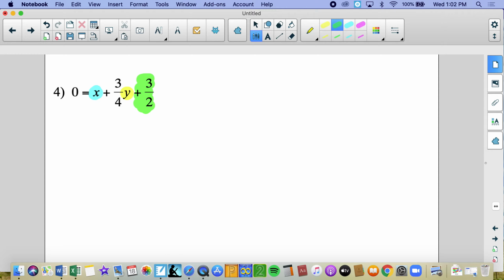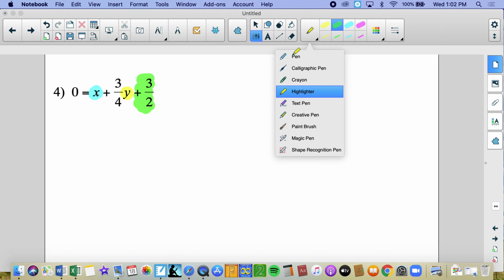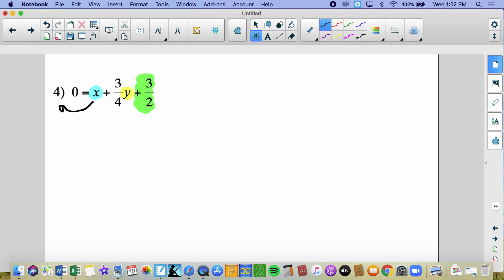Instead of moving the x over and moving the 3/2 over, why don't I just move the y over? So if I can move that y over first and then get rid of its coefficient, that's going to save me a step.